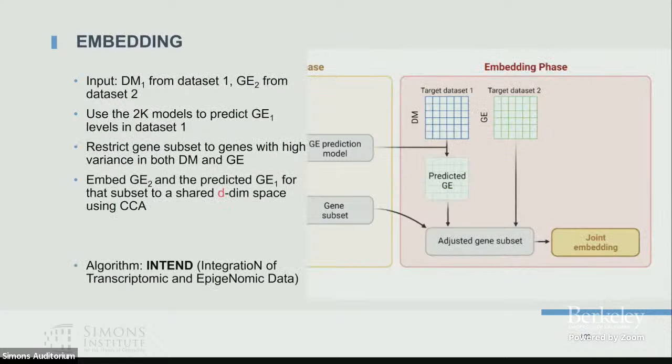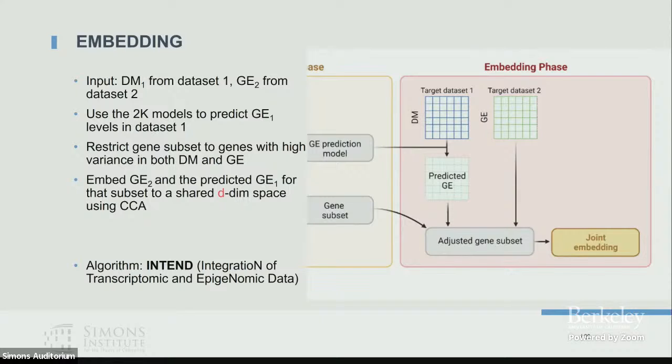For the embedding, as I said, we have one data set with DNA methylation and another with gene expression. And we use the 2000 models that we started with in order to predict the expression from the DNA methylation for data set 1. And then we restrict the genes to those that are highly variant, both in the gene expression and in the DNA methylation.